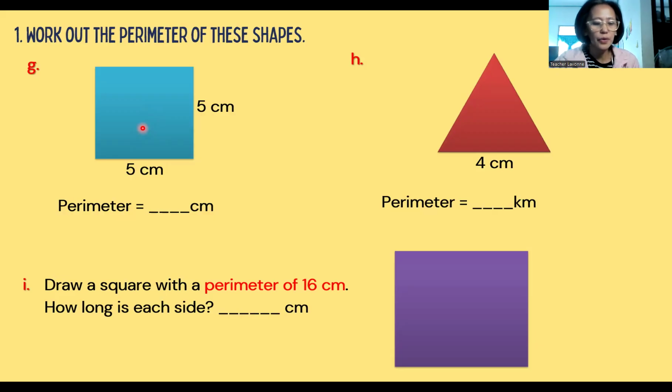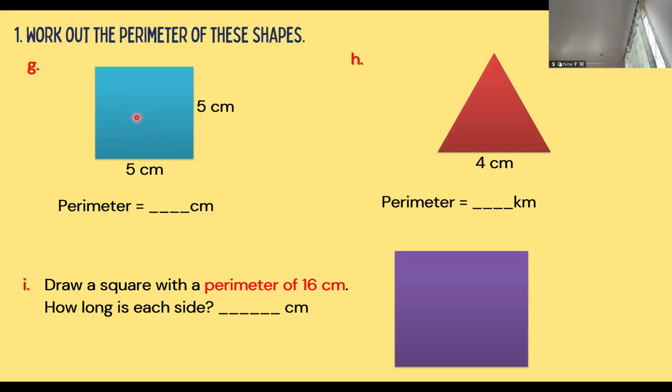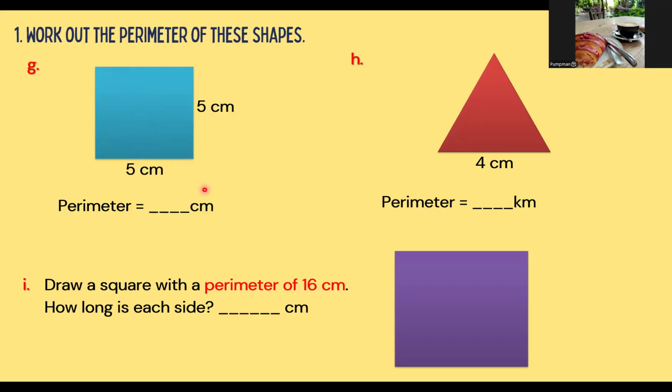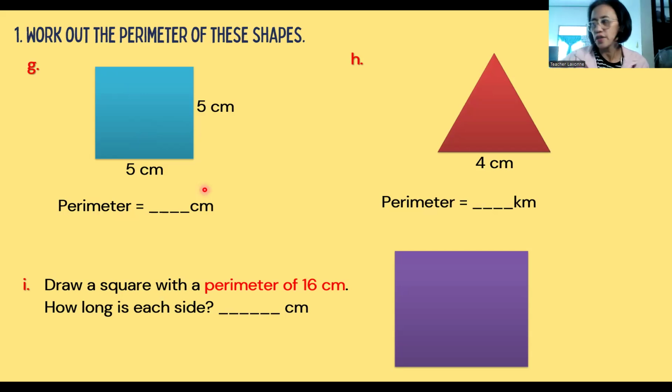Is this regular or irregular shape? The shape letter G. Regular. Yes, this is regular. All sides are equal. So what is the perimeter? What's the perimeter of this shape?